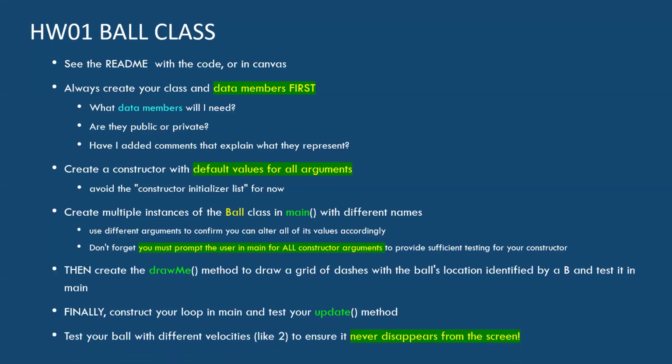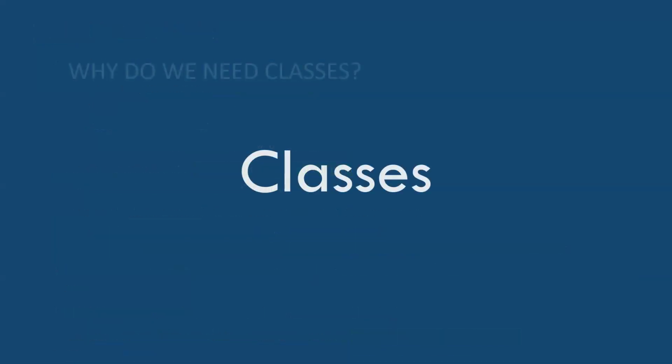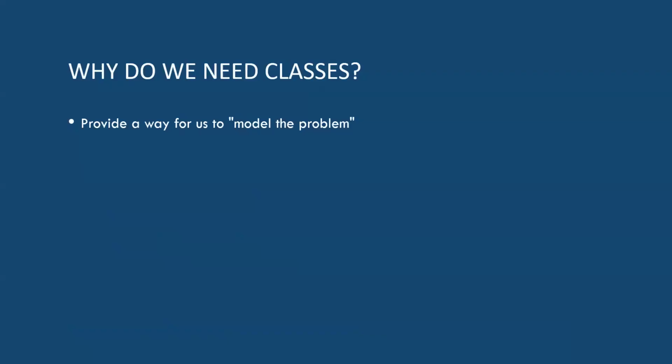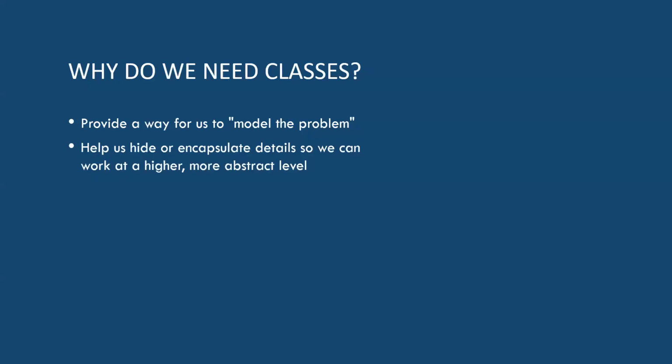Okay, so let's talk about classes. Classes, of course, allow us a way to model a problem with lots of classes. We want to not be thinking about all the details all the time, so they're like nice container boxes. We can put away our thoughts, worry about the interface, and stop worrying about all that stuff we did 2 weeks ago, okay?